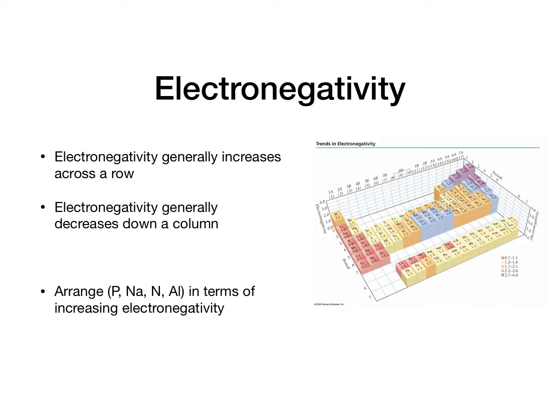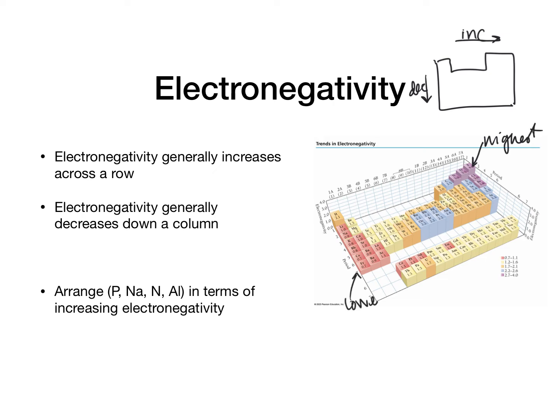So the electronegativity trend, generally, if we draw our periodic table graphic up here at the top, is going to increase as we go across and decrease as we go down. And you can see that in the graph attached below, where fluorine is the highest and francium is the lowest.